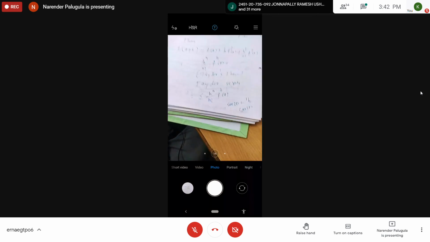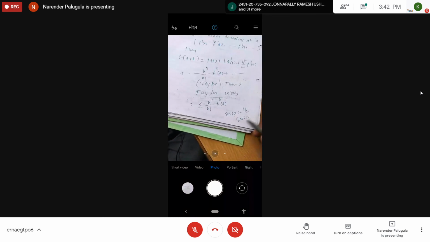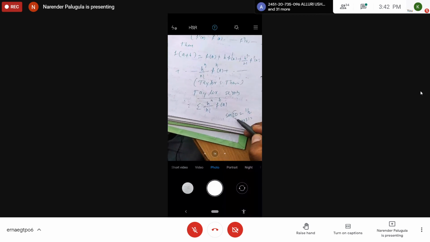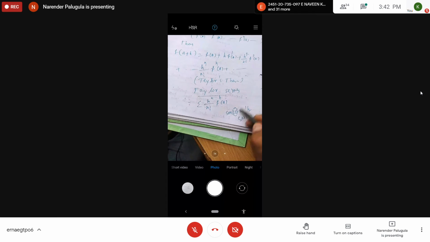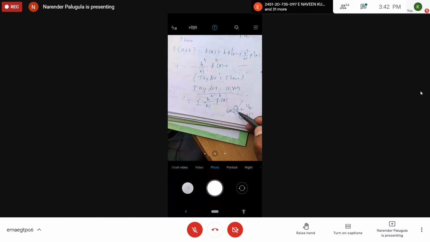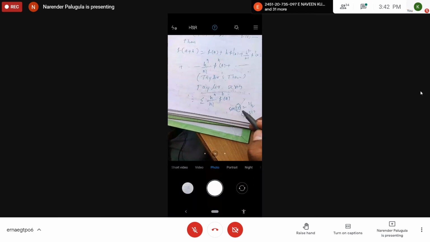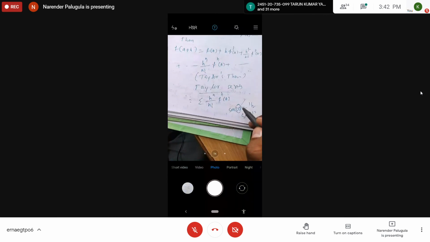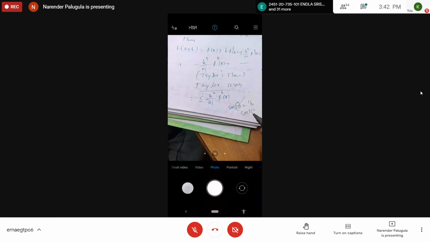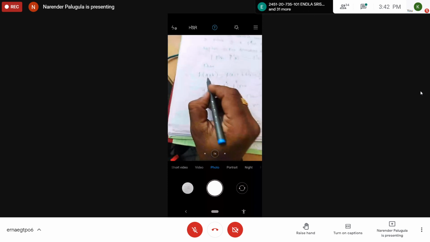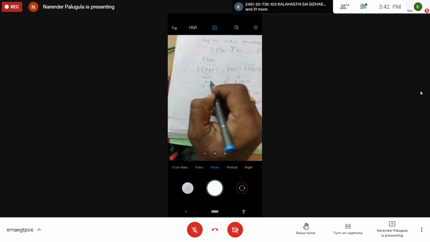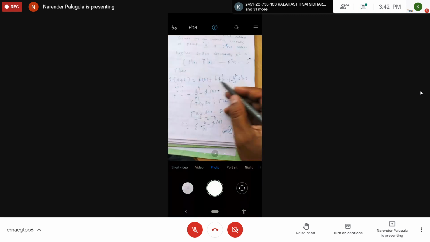To compute this type of terms, this is the main point, the local point. If you know the function value at some point, then we can compute the function value at its neighboring point. For 31 degrees it is simple: take a value as 30, take h value as 1, substitute the h value and a value, and solve.